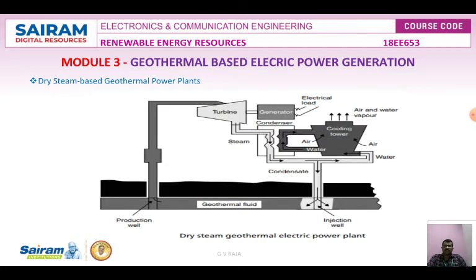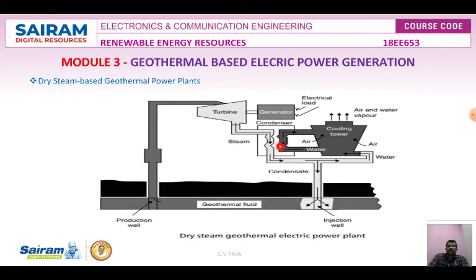So the first one is the dry steam based geothermal power plant. Here if you see this picture, we have the production well, thermal fluid and injection well, condenser, and then we have a turbine and cooling tower for condensing the low pressure steam vapor.